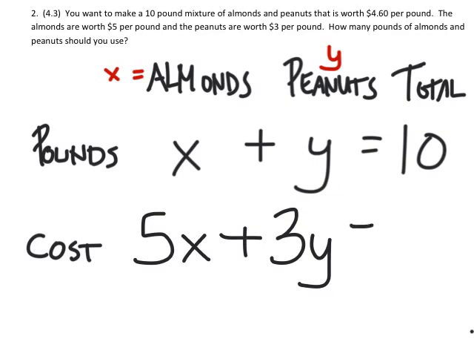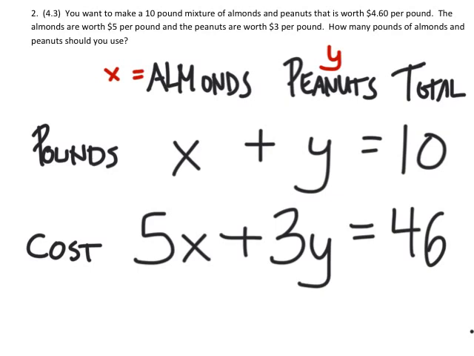And then when we finish this off, we should have $4.60 per pound, but that we're purchasing 10 pounds of this. So that'll end up being 46. So this gives us a nice little system of equations that we can solve.